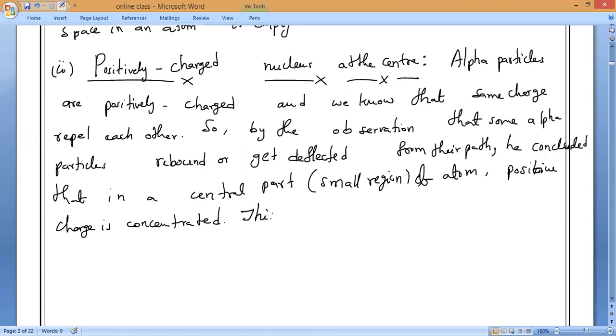What is this called? He called it something. That part is known as what? Nucleus. So for this only, he got the Nobel Prize. In which year? For this only, 1908, not 48, 1908.